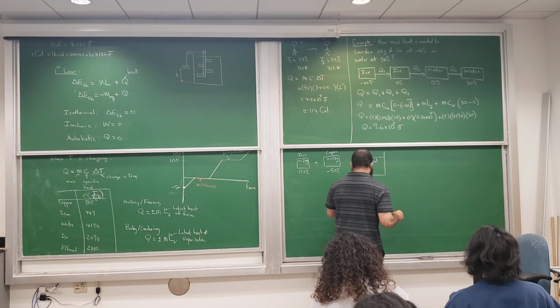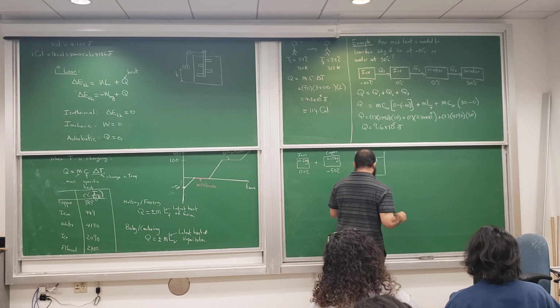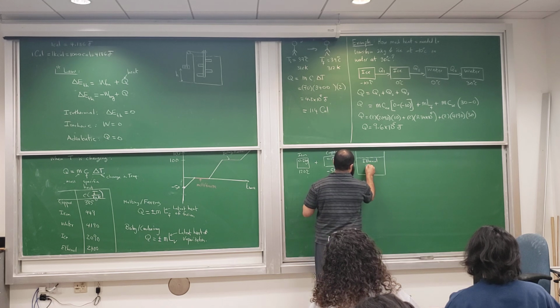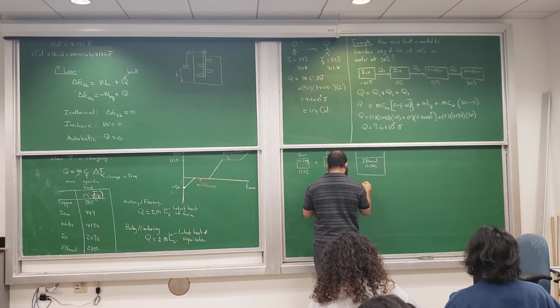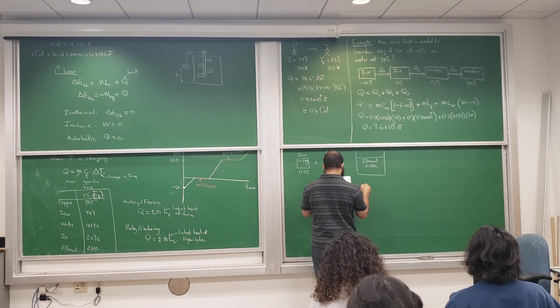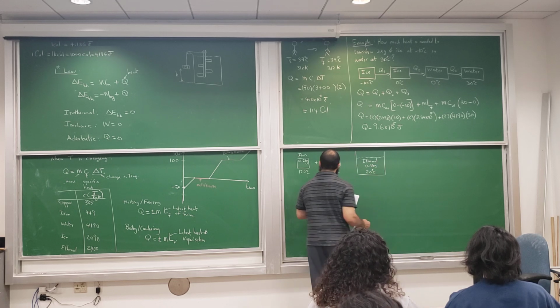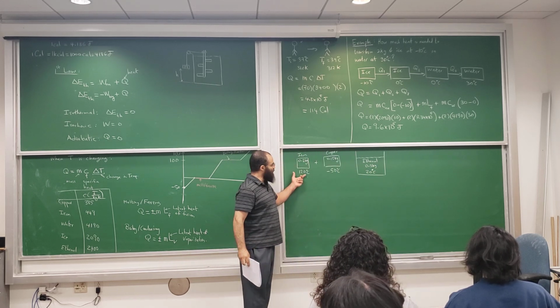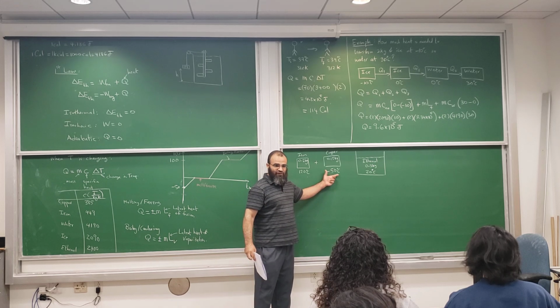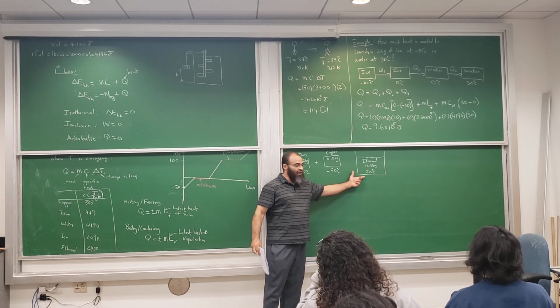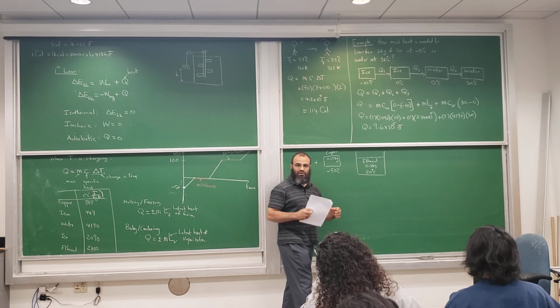And the ethanol, we have 300 grams of it, which is 0.3 kilograms, and its temperature is 20 degrees Celsius. Okay? So you have iron at 120, copper at minus 50, ethanol at 20.